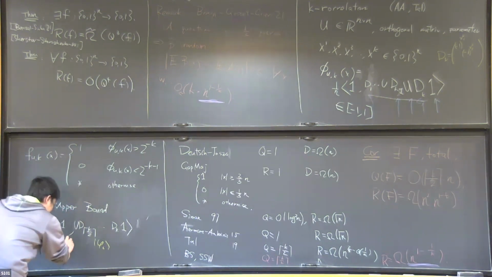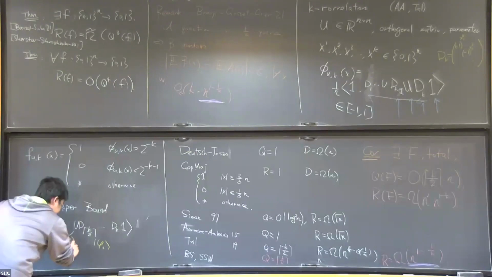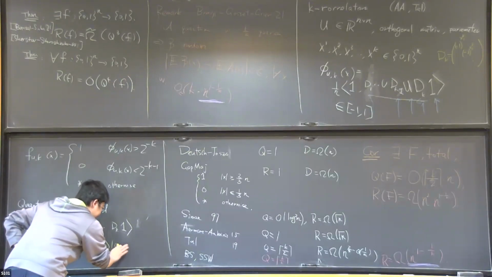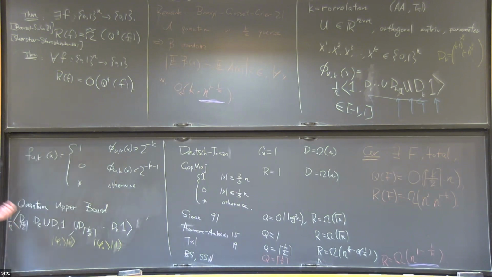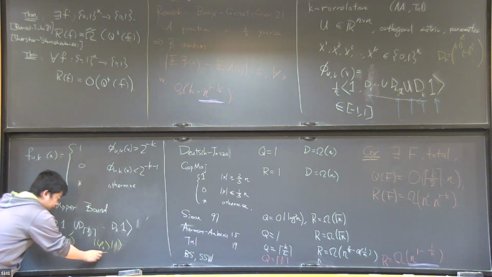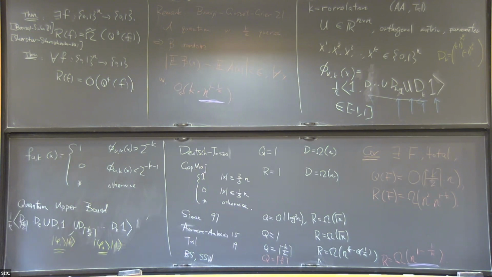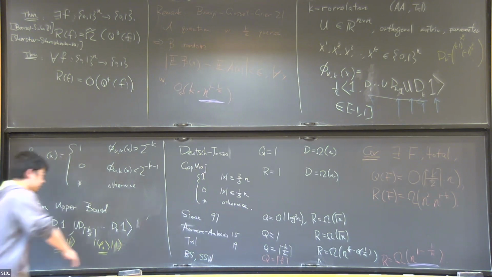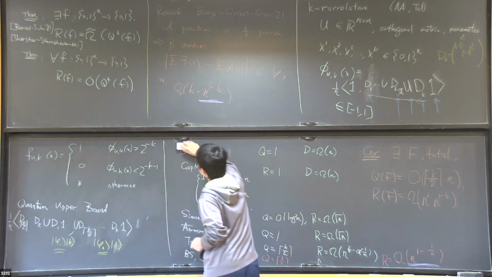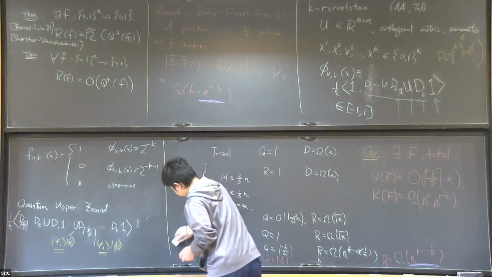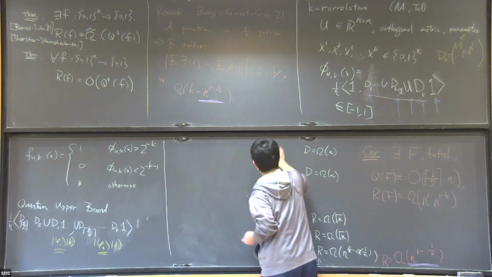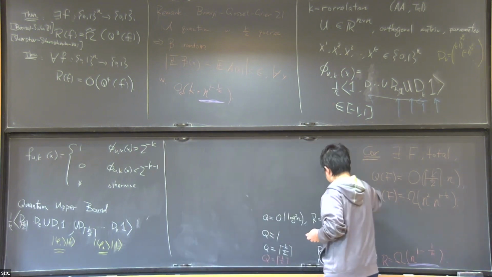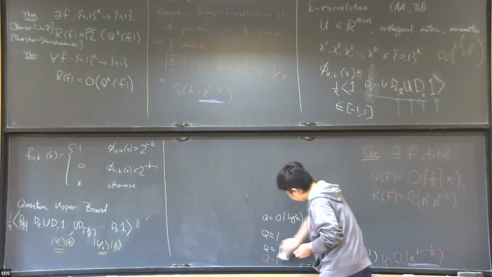And what you want to do is take the correlation of two states, and it's standard in quantum computing, called the swap test. I don't know why it's called that, but anyway, we have a quantum query algorithm using k/2 queries.